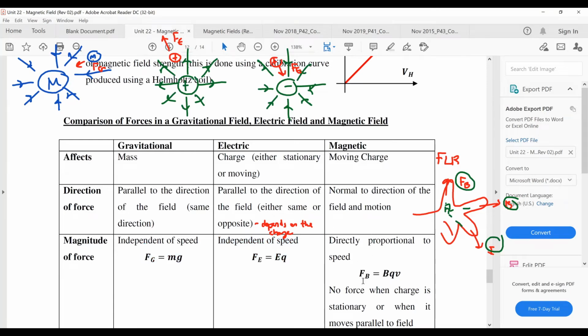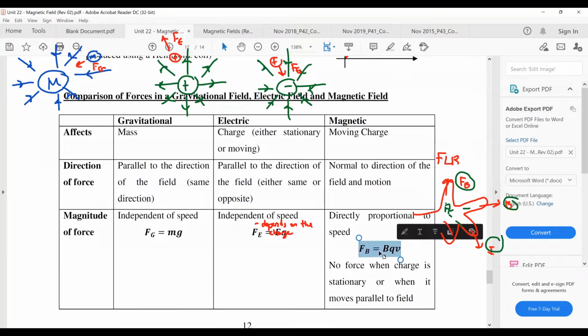But magnetic force acting on a charge is FB equals BQV. There's an expression for speed inside. So if your speed increases, your magnetic force will increase. If your speed is 0, your magnetic force will be 0. There are cases where you need to be careful about magnetic force.